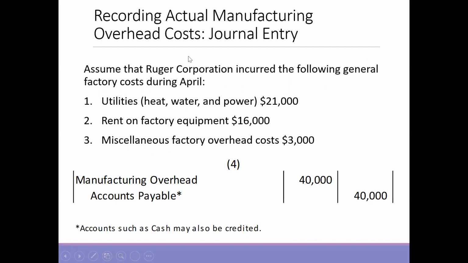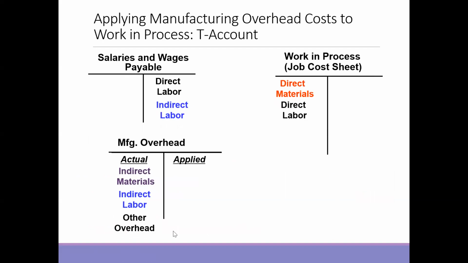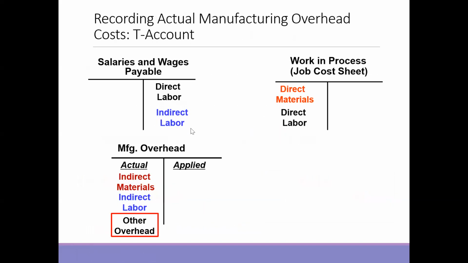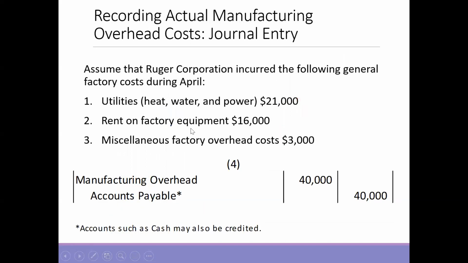Now, assume that Ruger Corporation incurred the following general factory costs during April. So these are indirect costs regarding the products we're making, but they're costs.